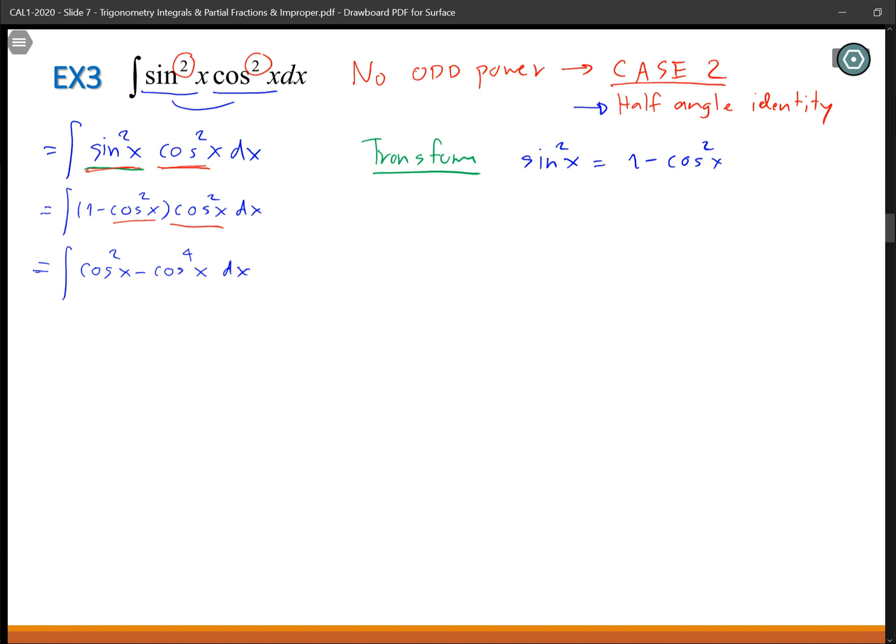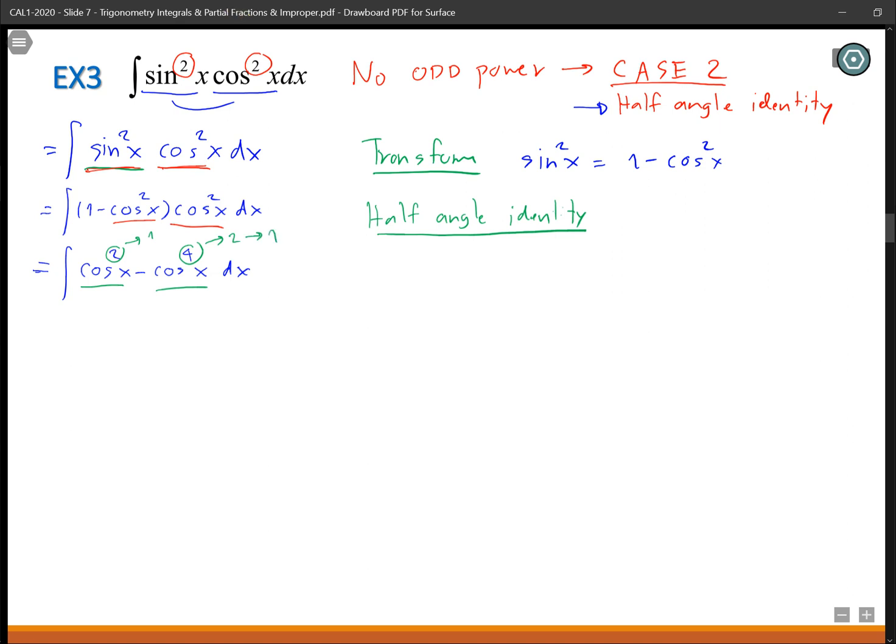Alright, at this point you can see that we have just cosine with the power of 2 and 4. We are going to apply the half angle identity here. Right, so let's use that half angle identity. Our goal here is to make this 2 go to 1, 4 here goes to 2, and to 1, just like we did before.